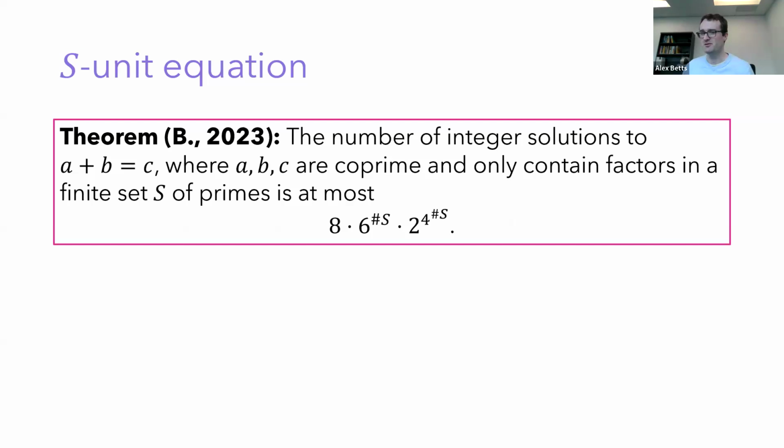As for Evertse's bound, I believe Erdős and a couple of other people gave some lower bounds on the number of solutions to the S-unit equation, or they chose S suitably and showed that you could get, I think, faster than polynomial growth. So this exponential seems sort of the right order of magnitude.